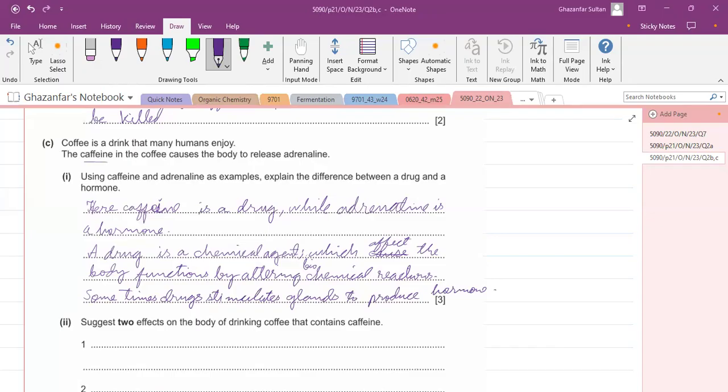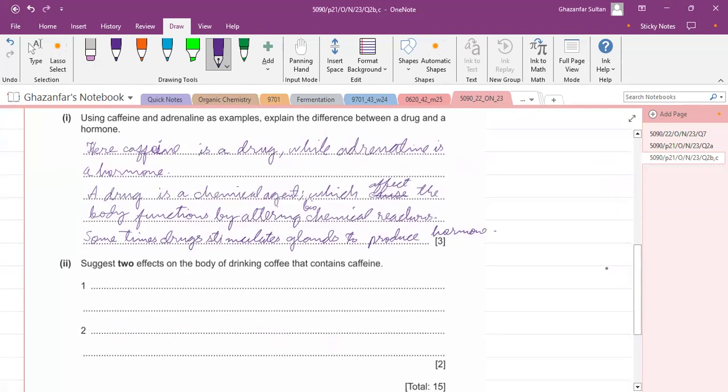While the hormone is made by the glands, and sometimes this hormone is produced due to the influence of the drug taken, as in this case you can see here. When you take caffeine, it starts to release adrenaline, and then adrenaline has its own effects on the body.